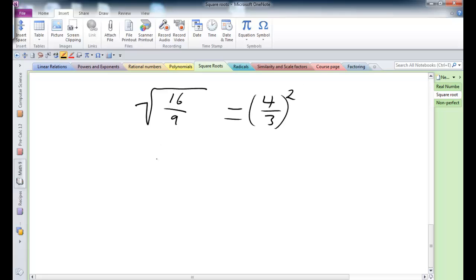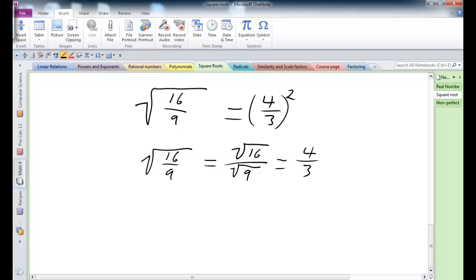You could think of it like this. The square root of 16 over 9 could be the square root of 16 over the square root of 9. It's the same thing. It would equal 4 over 3.